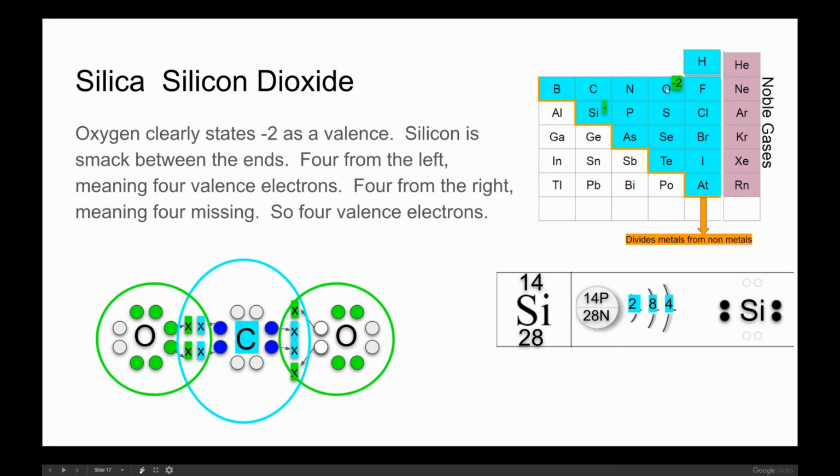Woo! Sulfur's right underneath oxygen. You just switch the letters. It's not going to change. The staircase you got to watch. But seriously, if you were able to draw carbon dioxide, you can do silicon dioxide. If you can do carbon dioxide, you can do carbon disulfide, carbon diselenide. That's the whole point of the table.